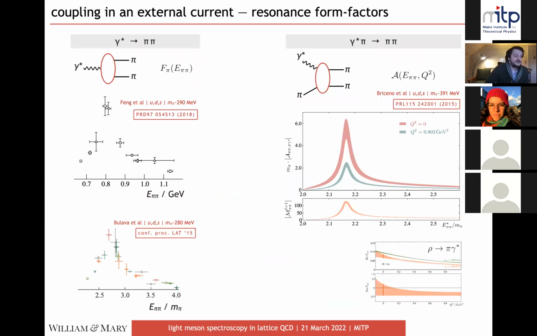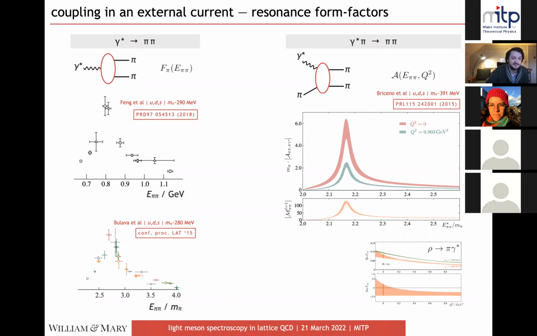Now, it's not just the case that we can consider hadronic scattering processes. Another interesting extension of this finite volume formalism is to couple these resonant scattering systems, or indeed non-resonant scattering systems, to production amplitudes, where one has an external current. So here are a couple of examples in which the external current is a photon, a vector current.